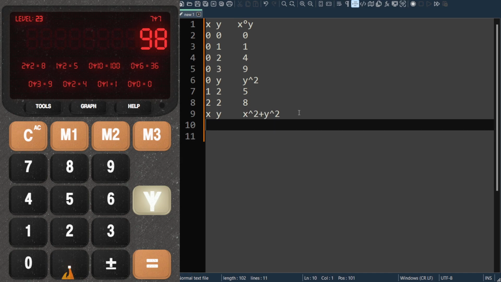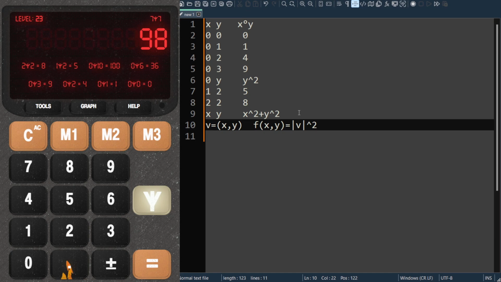So let's think about if this is a vector. v equals the components x, y, and then a function f of x, y equals the absolute value, I think it's called in English, of v.